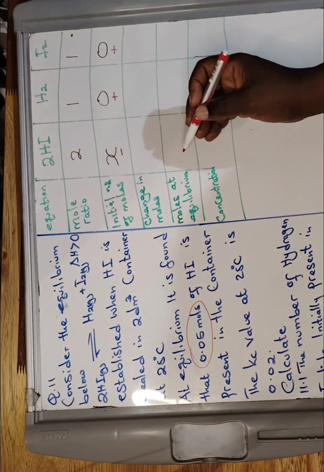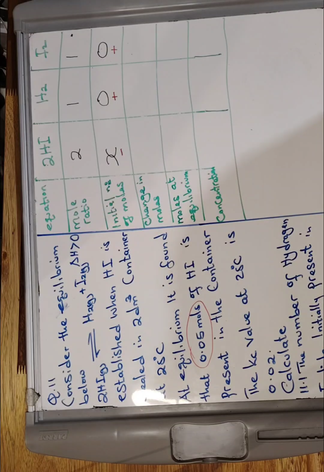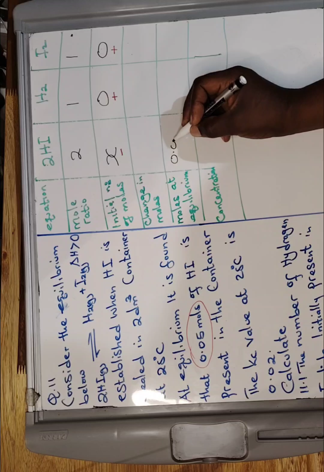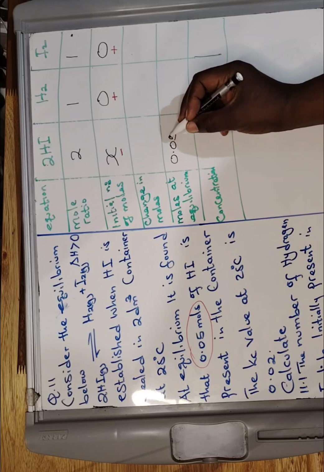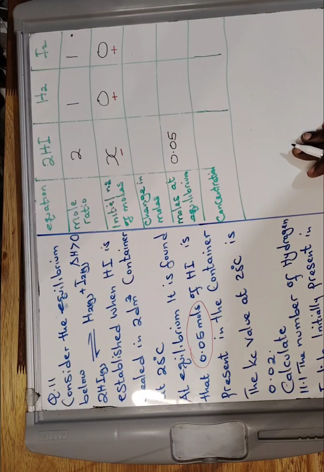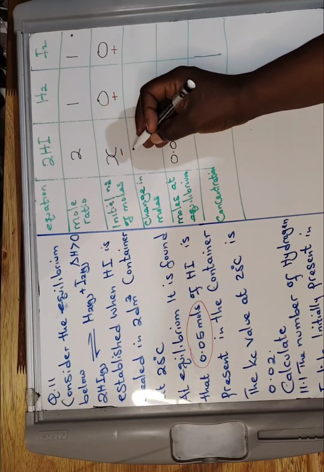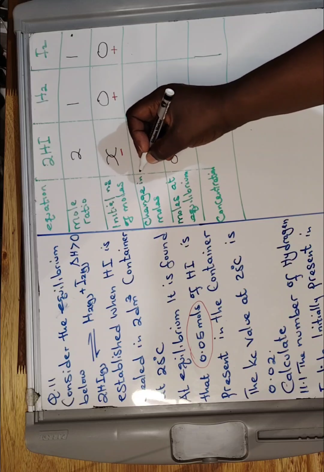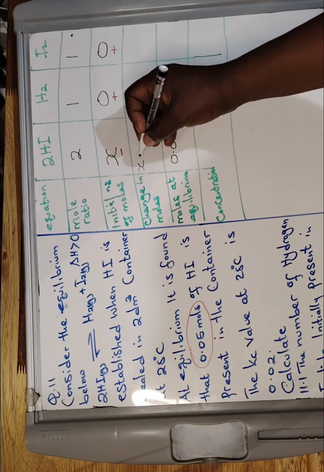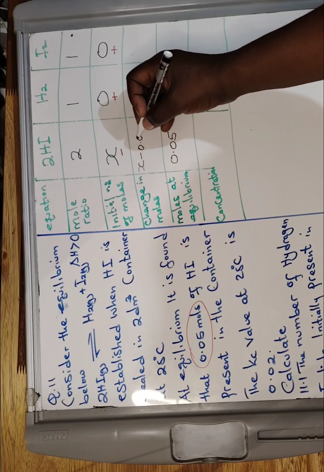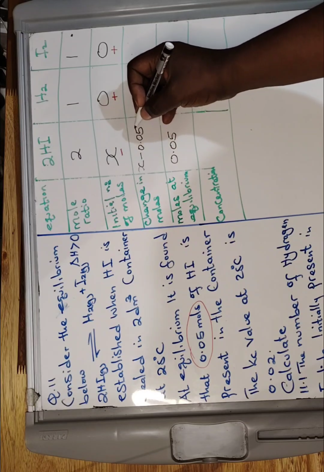So this is it, and what is it? 0.05. We have to remember that this one minus this, you get this. So we know this. What is it? X minus 0.05.